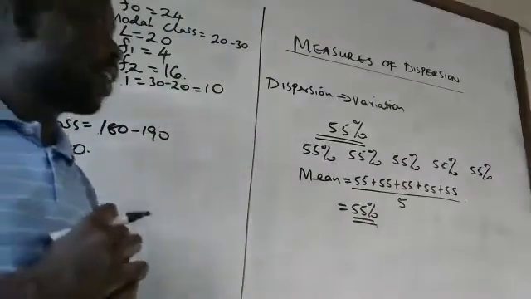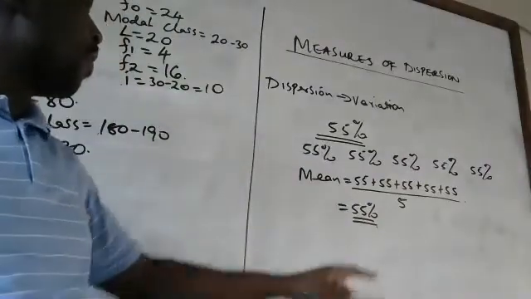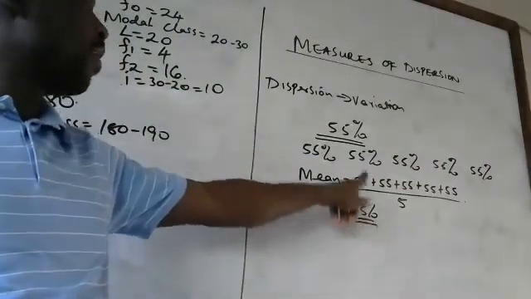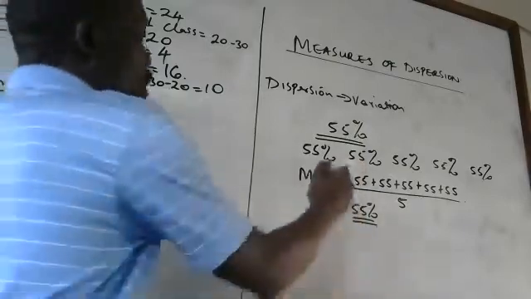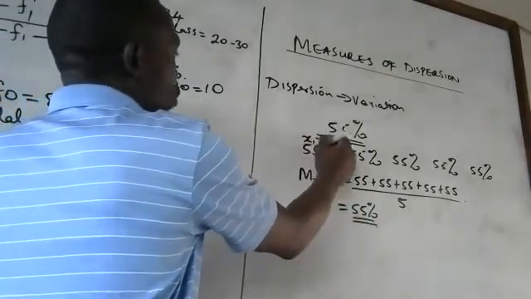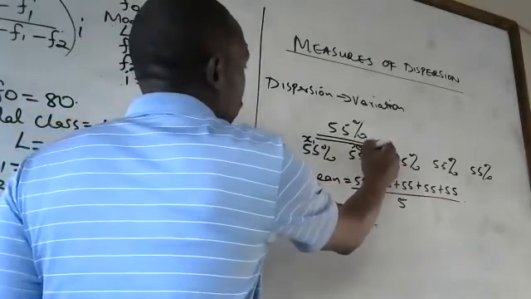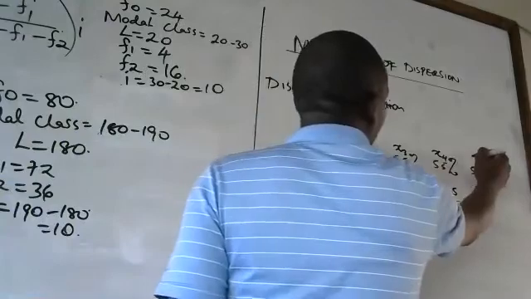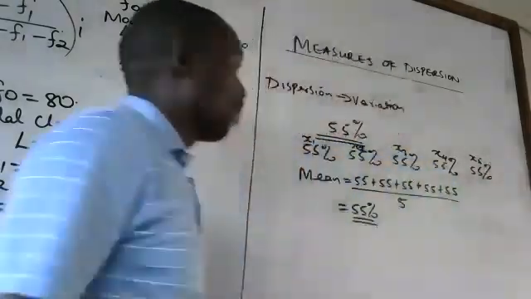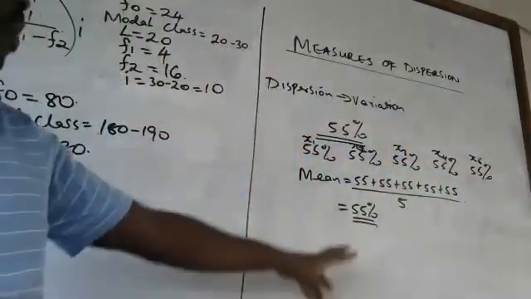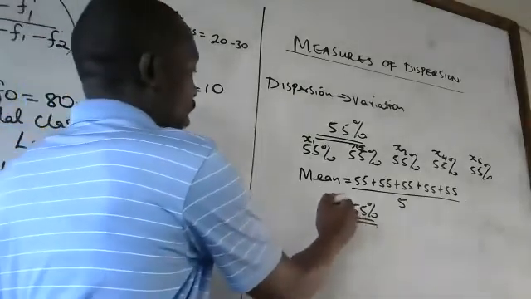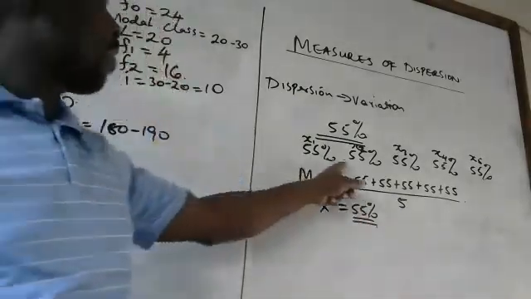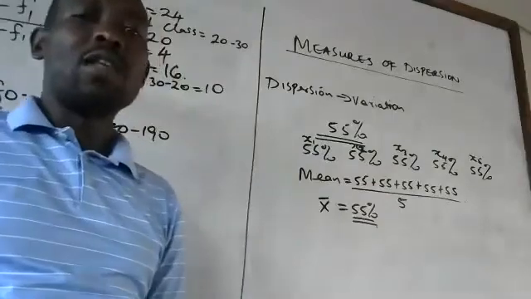So from this particular case, you can see the mean and the values, which are now called x. Remember, these actual values we normally call x. So this is x1, x2, x3, x4, and x5. You can see the mean, which is normally denoted as x bar, and the x values are actually the same.